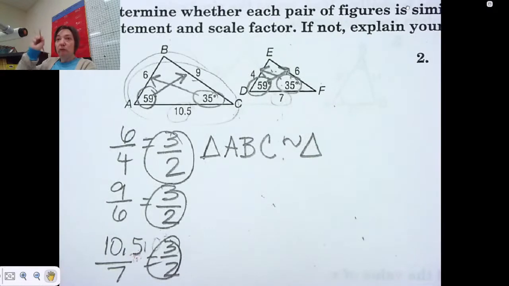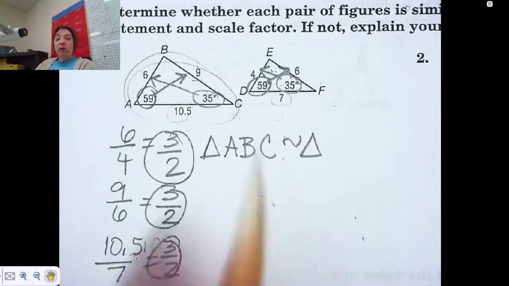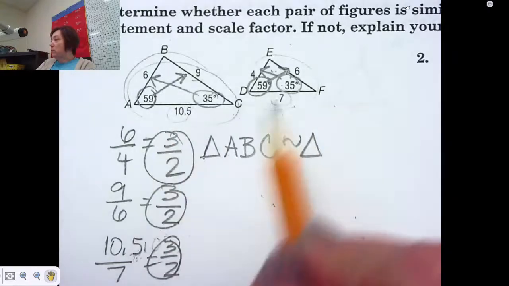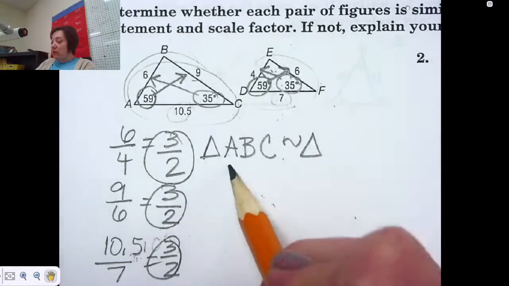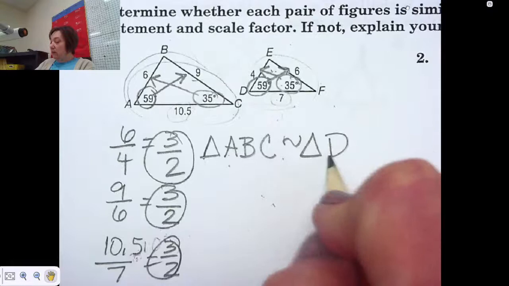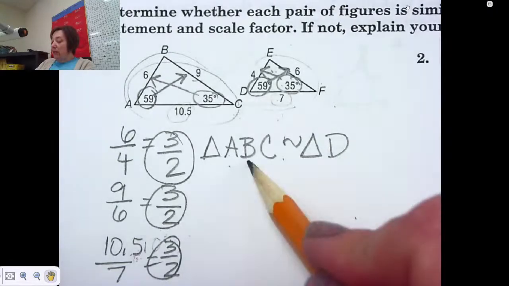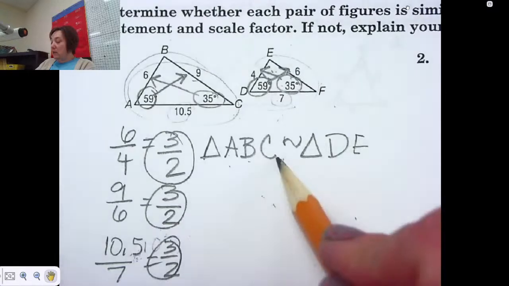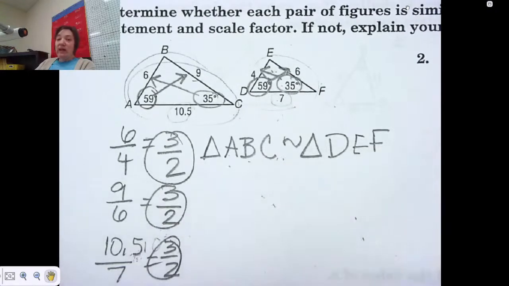It's one squiggle, right? Similar to, and then we name this triangle, but we have to match up the angles that are congruent. So what matches to A? D. What matches to B? What matches to C? So that's triangle DEF. That is a similarity statement.